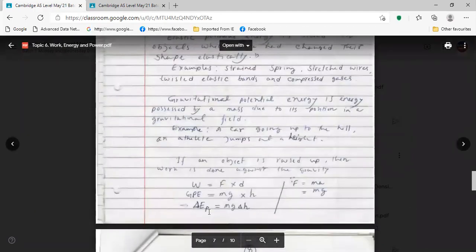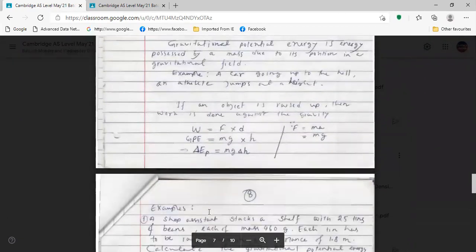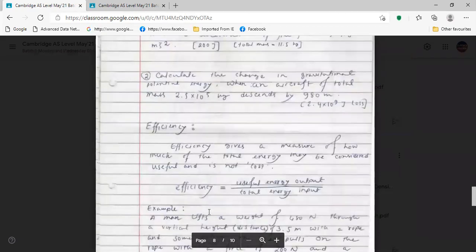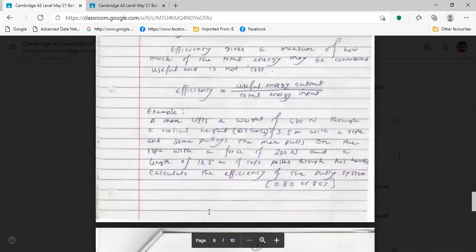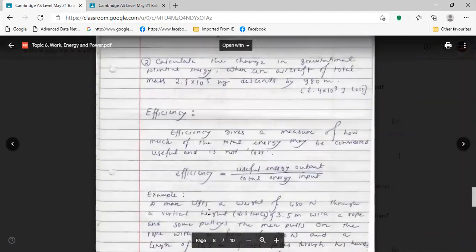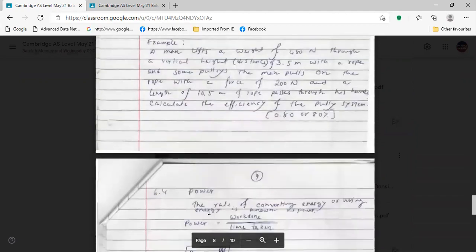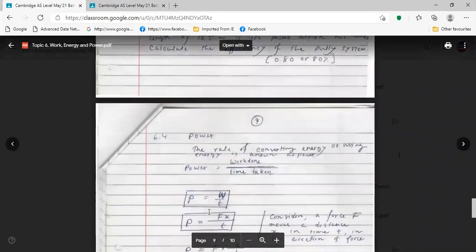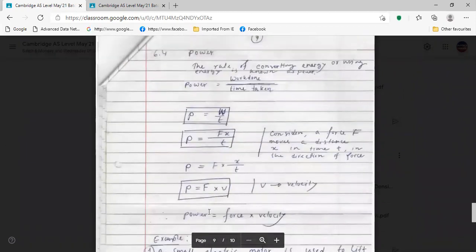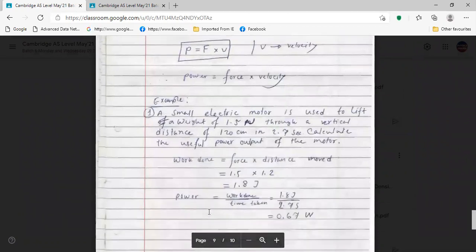What is elastic potential energy? Elastic potential energy is the energy stored in a stressed object, like a rubber band or spring, right? And there is another formula you have to remember. Power equals work done by time, but power also equals force into velocity.